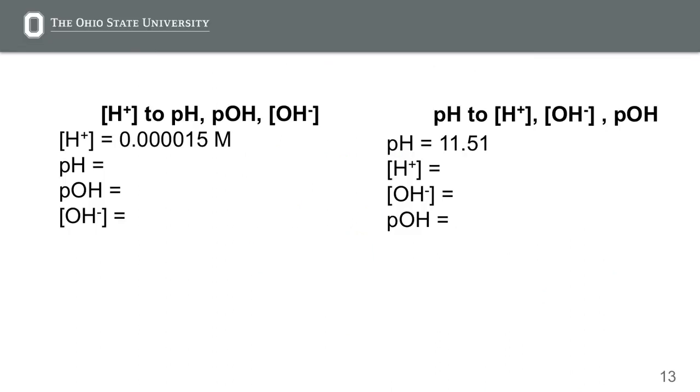So let's practice some. On the left-hand side, I've given you an H plus concentration and want you to calculate pH, pOH, and OH minus concentrations. You can do this in any order that you'd like. And on the right-hand side, I've given you pH and want you to calculate the other three things.